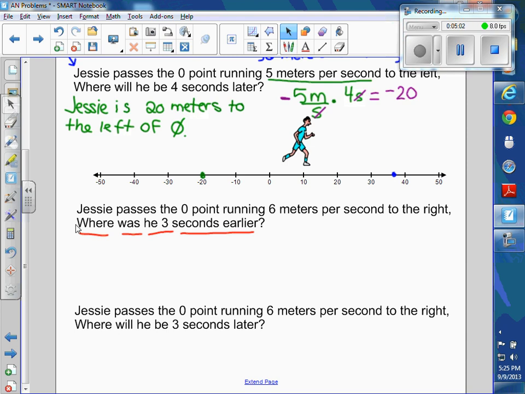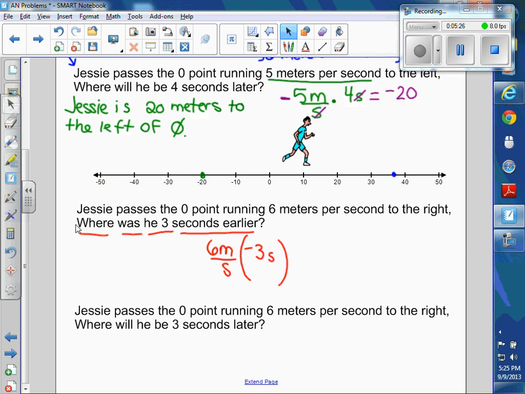So we want to figure out where he was 3 seconds ago. He's running to the right, so his speed is 6 meters per second. But we want to know where he was 3 seconds ago, so we're going to multiply now by a -3 because that's past time.